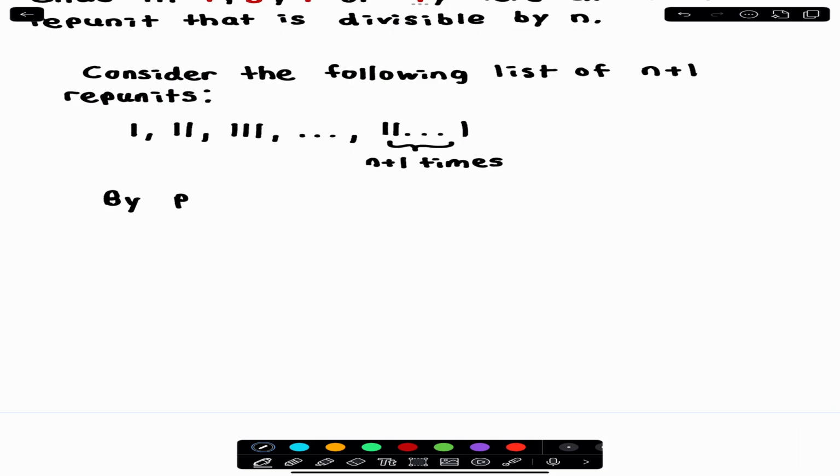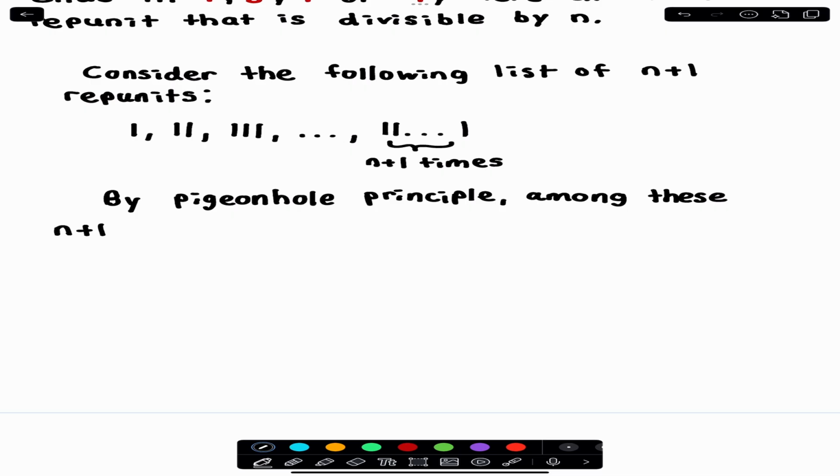By the pigeonhole principle, or the box principle, among these n plus 1 numbers, there must be 2 of them with the same remainder upon division by n.